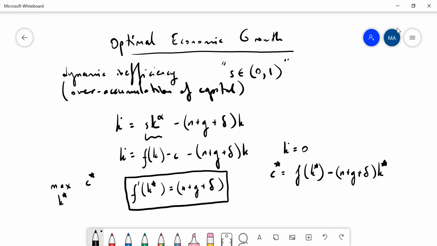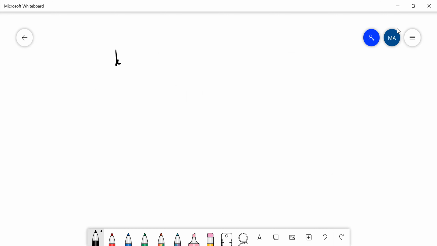Then we have two different steady states. Okay. So one is the Solow steady state. Remember, in the Solow steady state, what do we have? We have (s divided by (n plus g plus delta)) to the power 1 over 1 minus alpha.